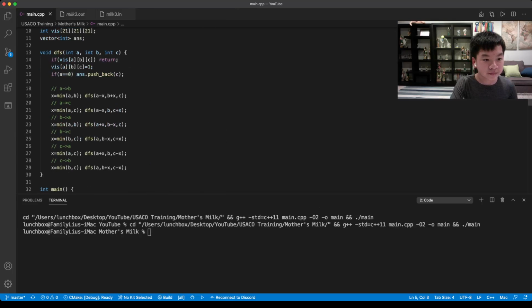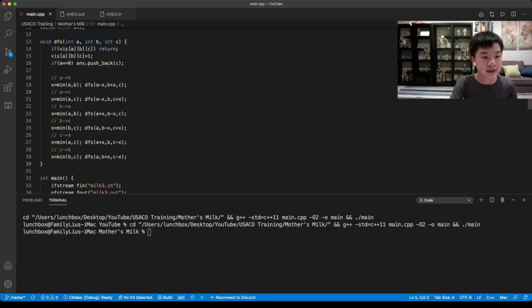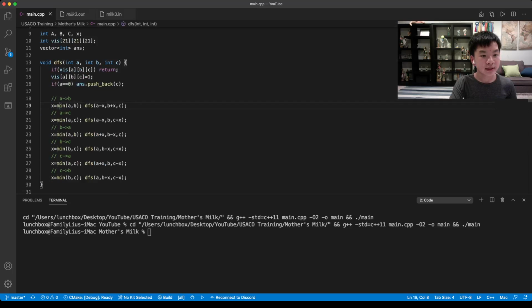Okay, min AB. This actually should be different. Basically when you first come in, A is equal to 0. So then you would always pour 0 units, which is what we don't want.